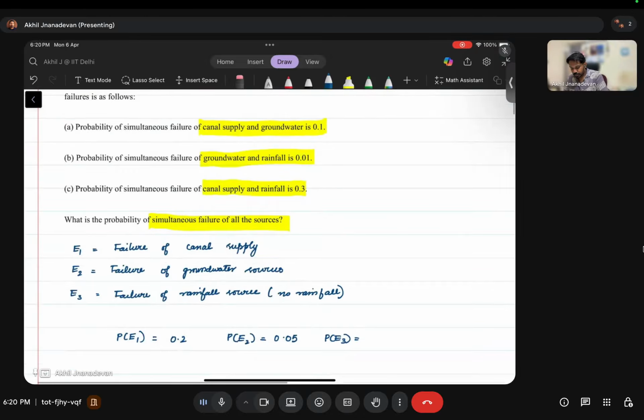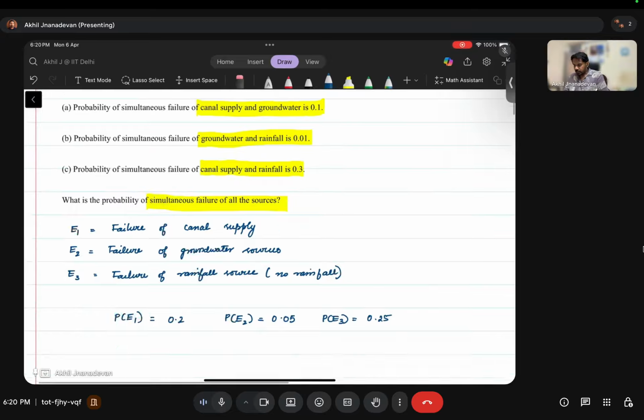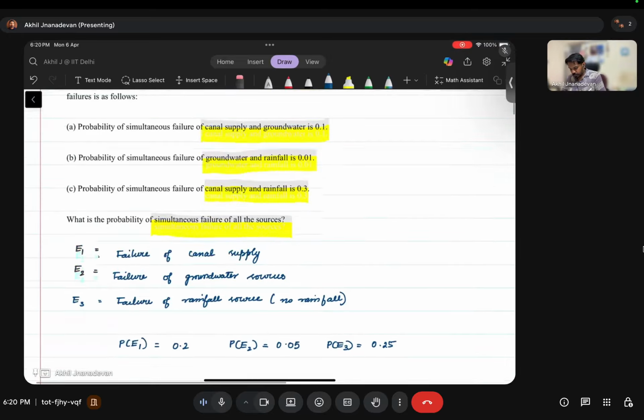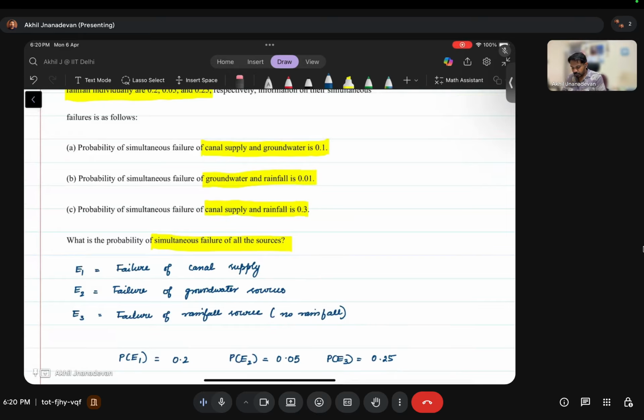So we have the individual probabilities of failure, and the joint failures of two simultaneously are also given.